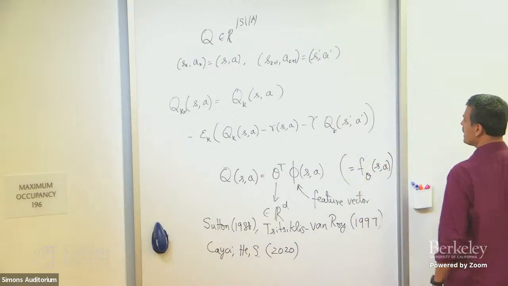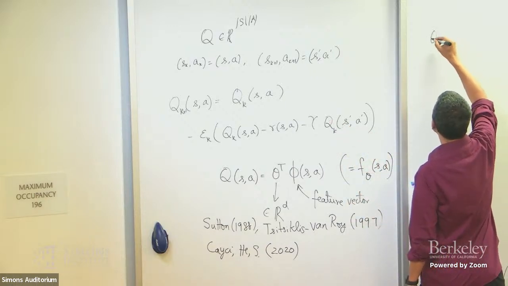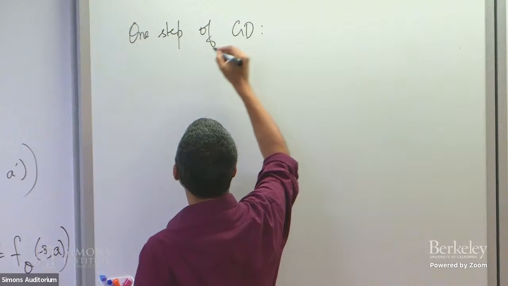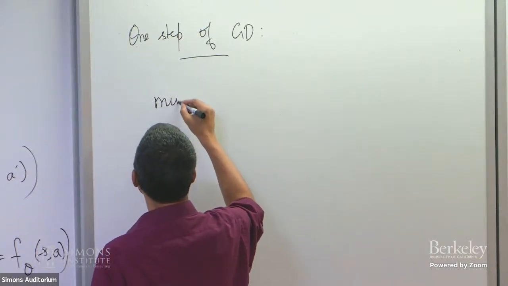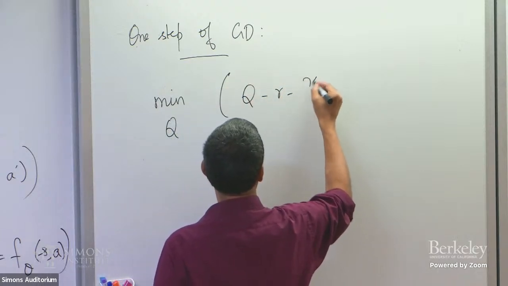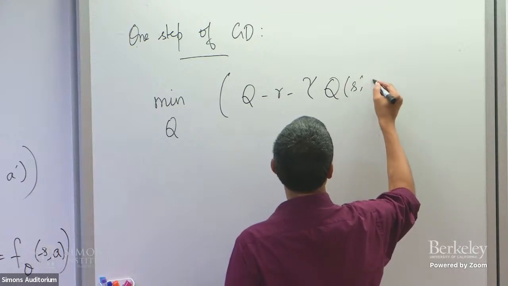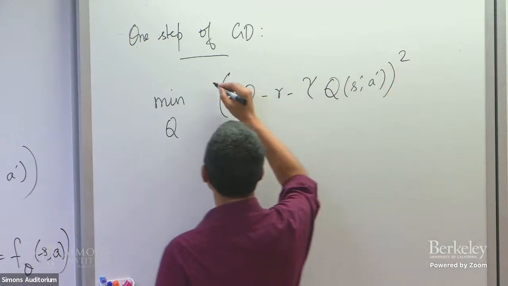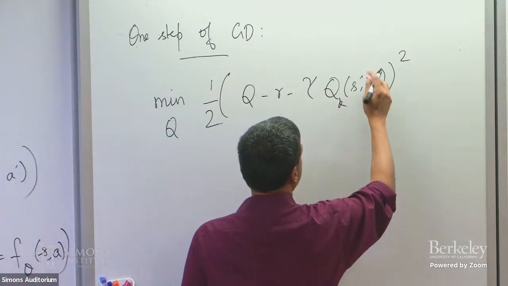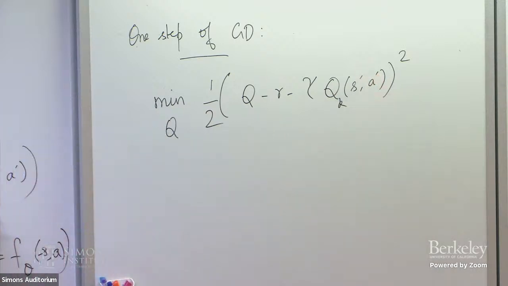Okay. This algorithm can also be thought of as one step of gradient descent in the following sense. Minimize over Q. Sorry. You assume that the current estimate QK is used to evaluate the function at the next state S prime, A prime.